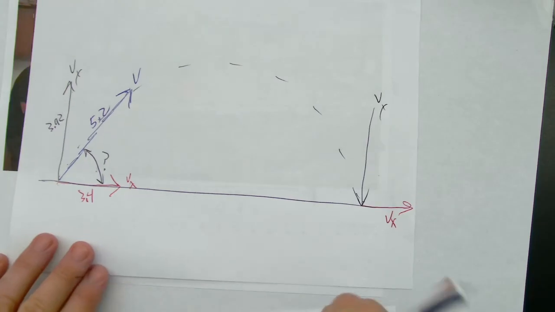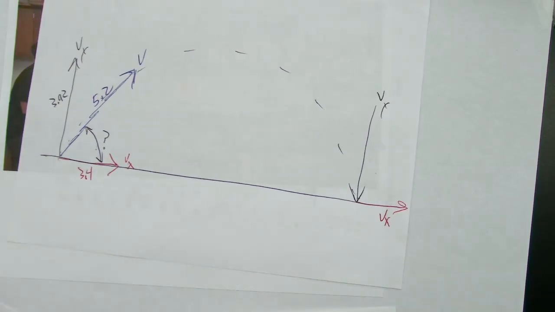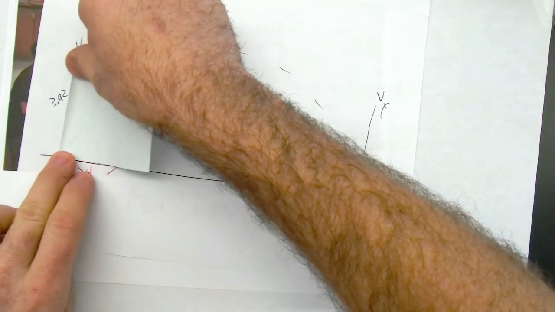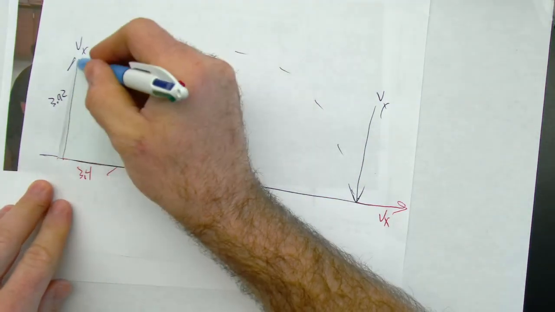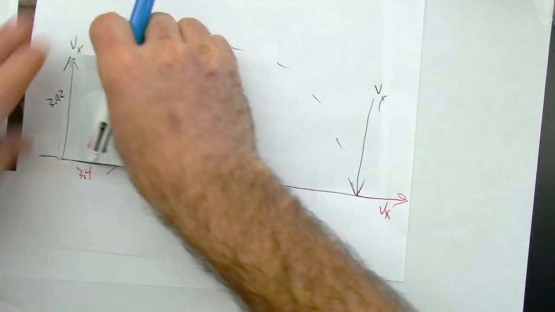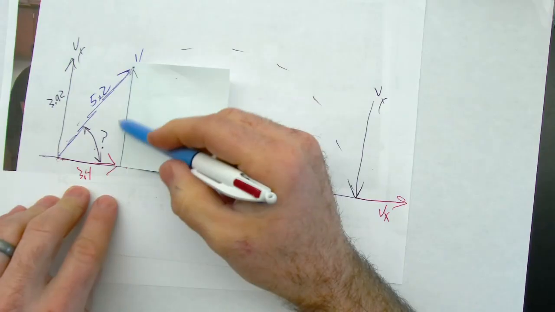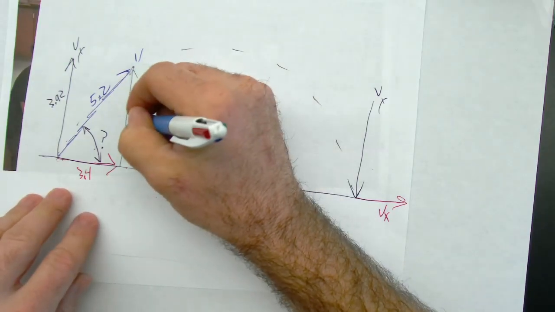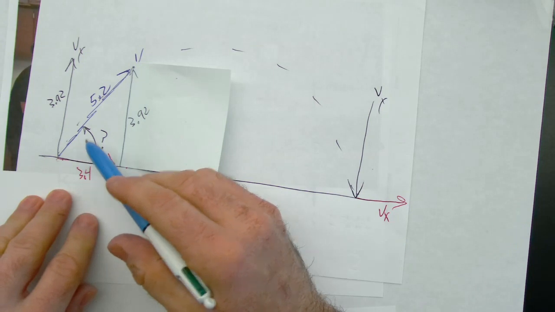And to do that, the easiest way I recommend is to recognize that we can just take this y component, and if you move that over to here, you effectively have a right triangle, and you're trying to solve for your unknown here.